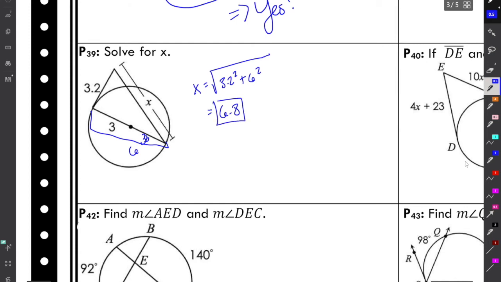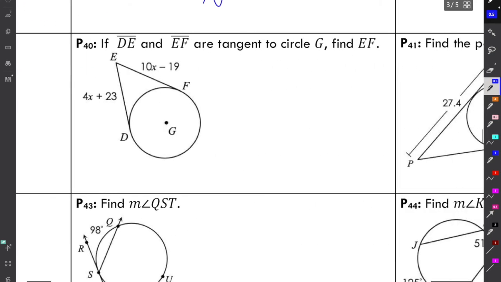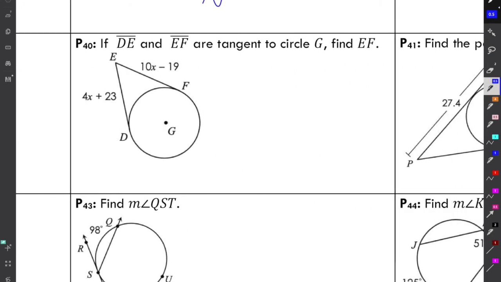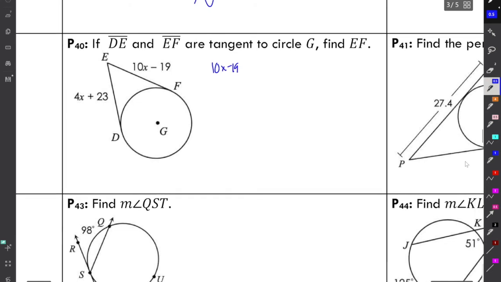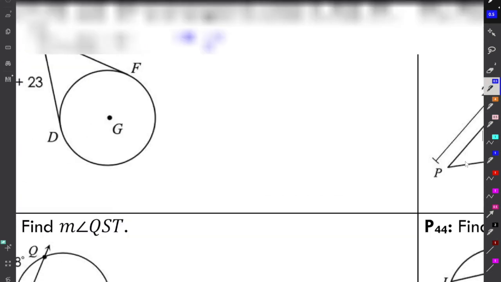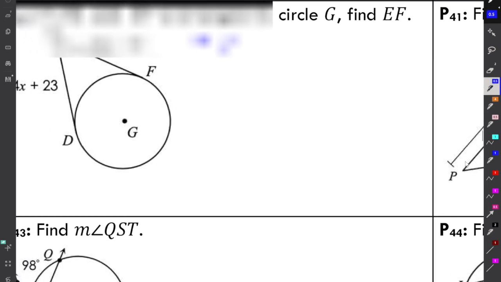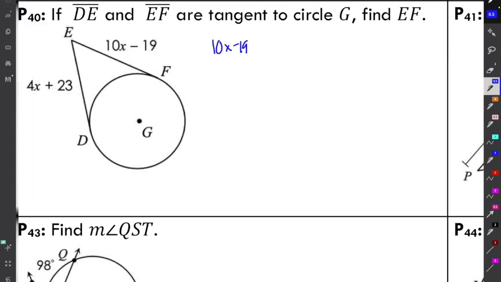That's my answer. 40. If DE and EF are tangent to circle G, find EF. Okay, since they're tangent to circle G, both coming from the same point, those two tangents have to be congruent. So we can set the two expressions equal to each other and solve for x. 10x minus 19 equals 4x plus 23.